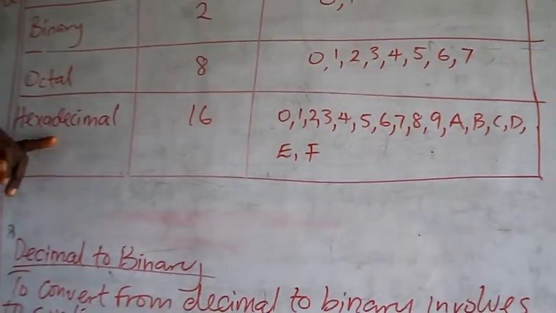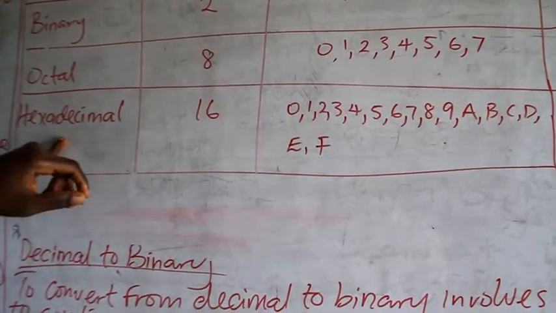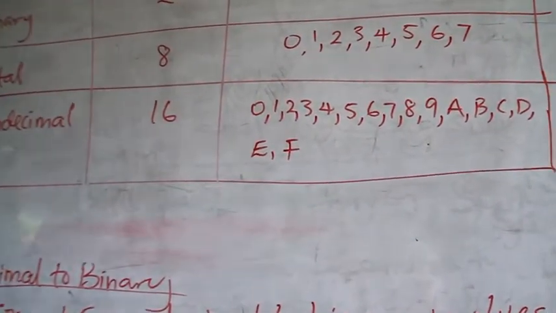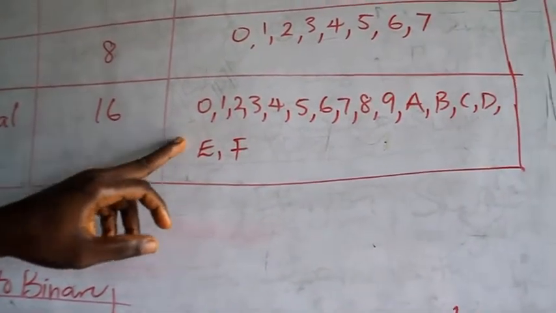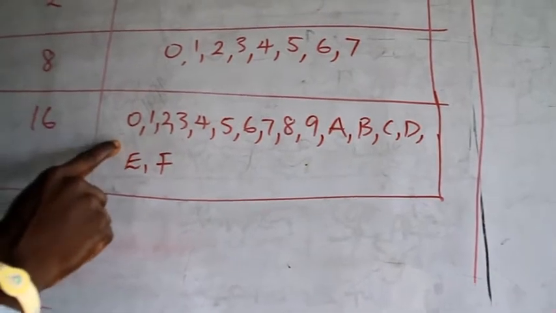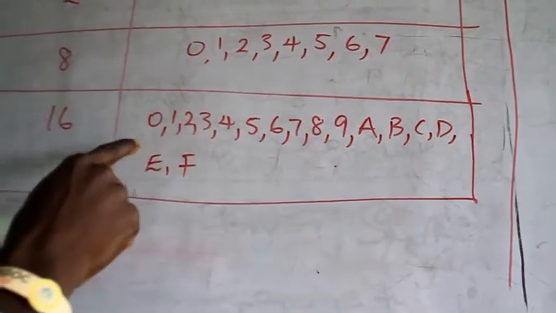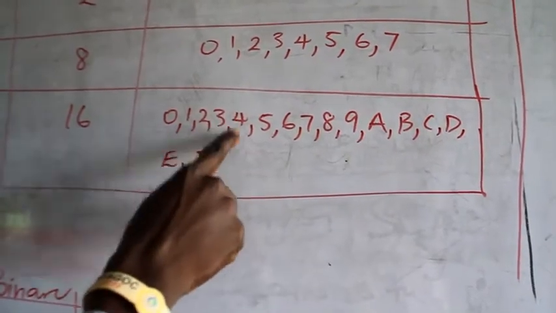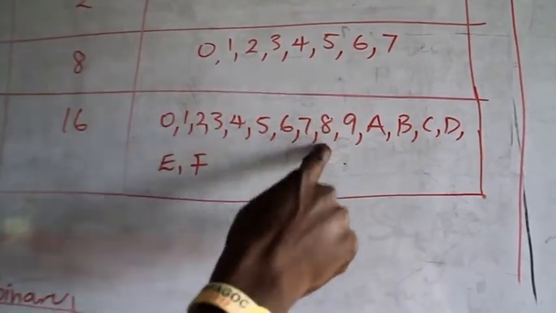Then the fourth one, which is hexadecimal. Hexadecimal is in base 16. Under base 16, there are also 16 digits, but there's a little bit of difference in the symbols. Here we have 0 to 9: 0, 1, 2, 3, 4, 5, 6, 7, 8, and 9.